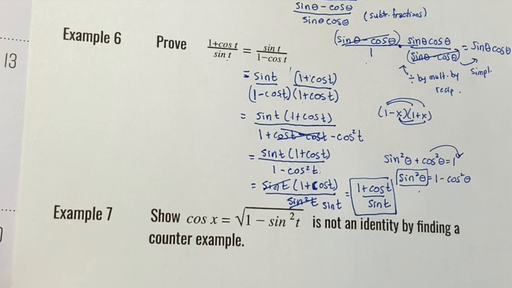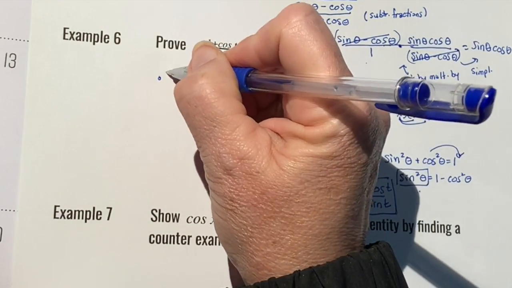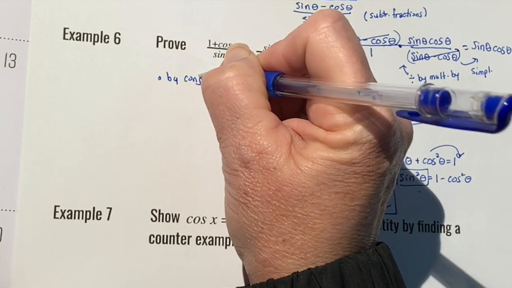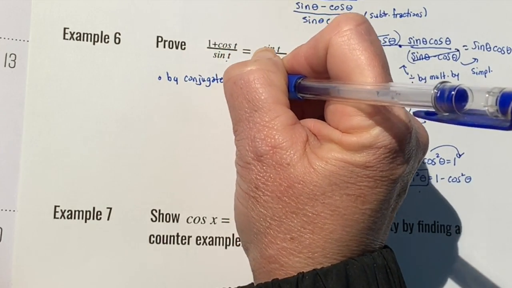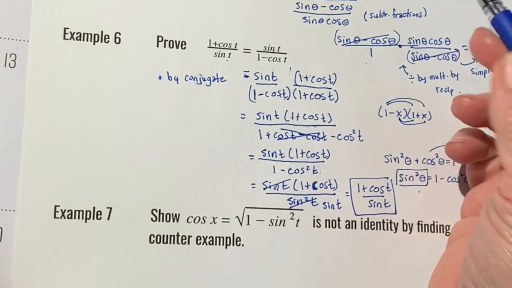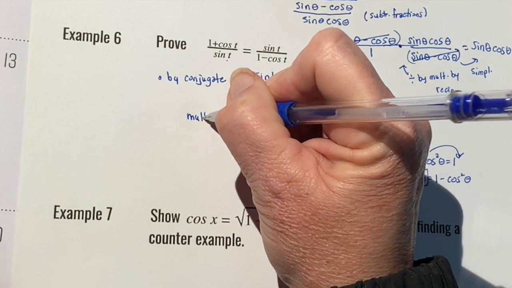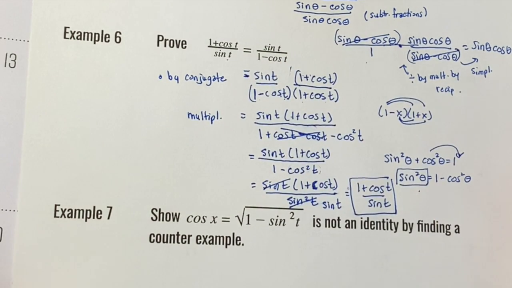So to document my steps here, let me do it over here. I multiplied by the conjugate, and that's always a trick you can use. And all I did here was multiply the fractions together, so multiplication.